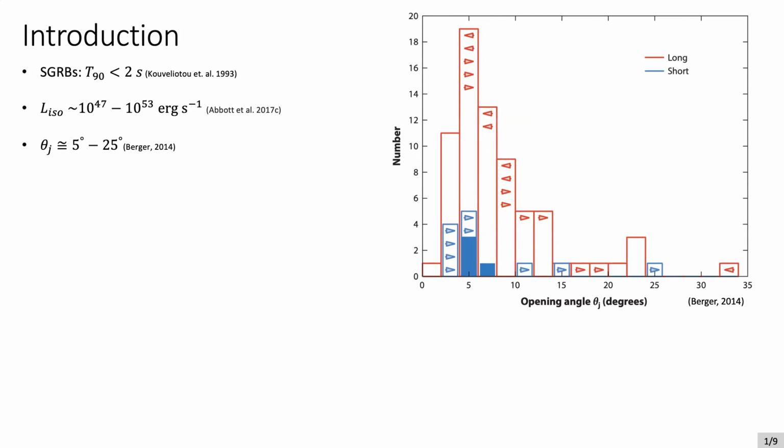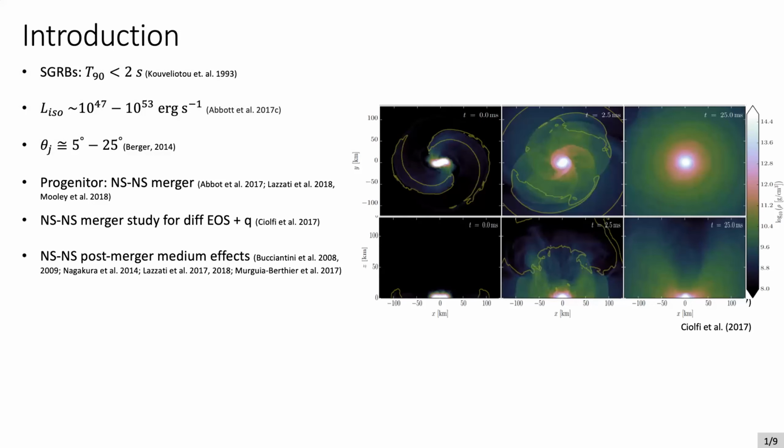Also, the short GRBs have a jet opening angle theta_jet between 5 and 25 degrees, as we can see in this plot from Berger 2014. The progenitors of the short GRBs are the neutron star mergers, and here we have one of these simulations of a 1 year simulation of a neutron star merger.